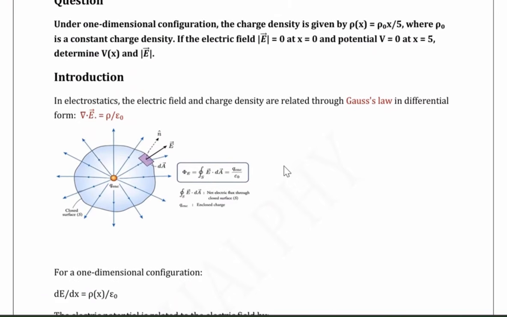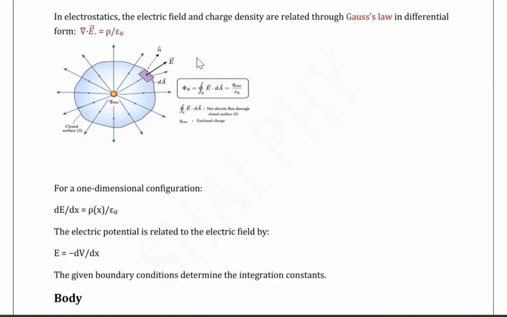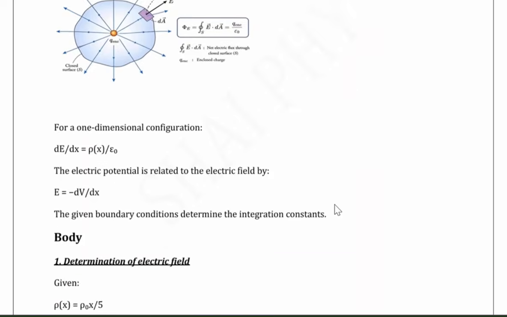So here the introduction is defining that it is about the Gauss law, and its formula is defined, and it is the integral form. You can show that and make this figure. The figure must be small, but not so small that it is not visible, but sufficiently large so that it is visible and clear to the examiner.